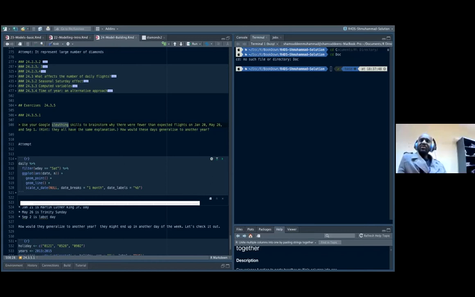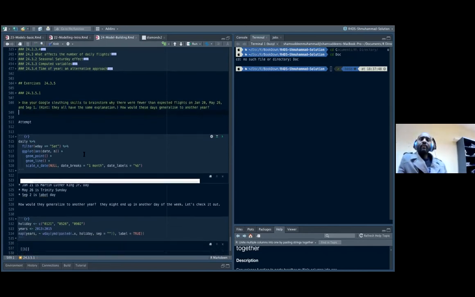So use your sleuthing skills to reason why there are fewer than expected flights on these days: January 20, May 26, and September 1. Let's see what these are. These days were Saturdays.